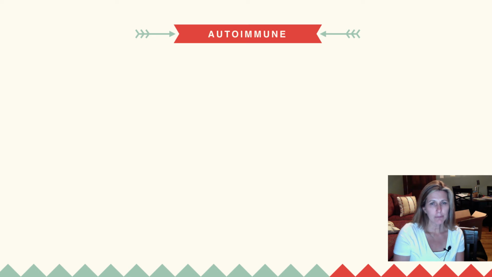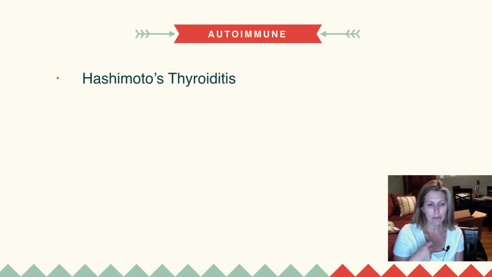Autoimmune symptoms. We can see Hashimoto's thyroiditis, which is where your immune system attacks your thyroid and causes your thyroid hormone to be low. Graves' disease is the opposite of that. The immune system attacks the thyroid and causes too much thyroid hormone to be secreted.